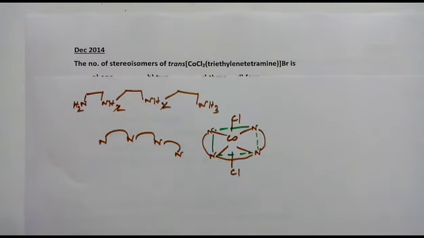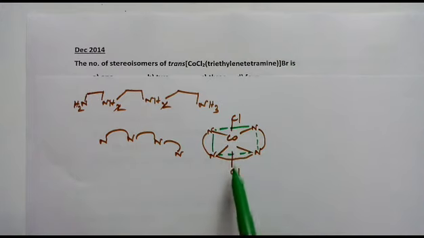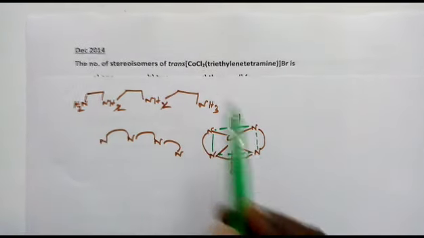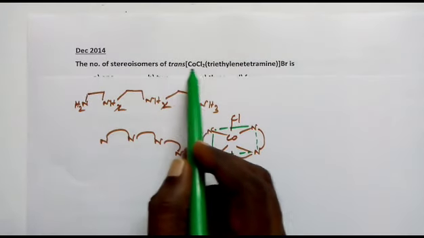Hope you remember, in the octahedral complexes, when we have the same monodentate ligands at the axial position, that is optically inactive. It consists of a plane of symmetry. So here we have 2 same ligands, chlorine, and they are specifically mentioned as trans. There should be another isomer, that is the cis isomer, but they have specifically given the trans isomer.